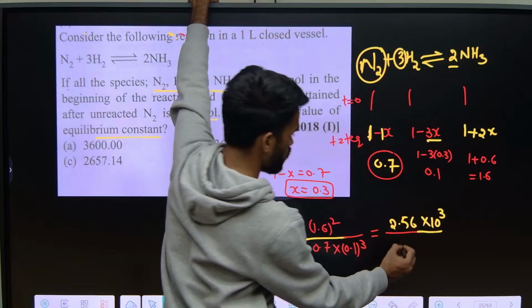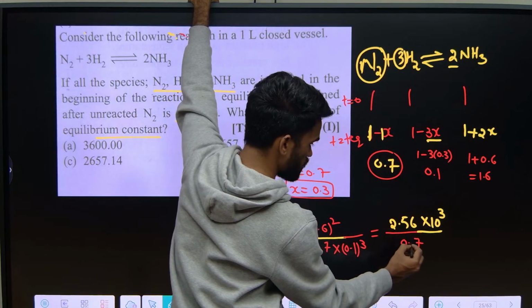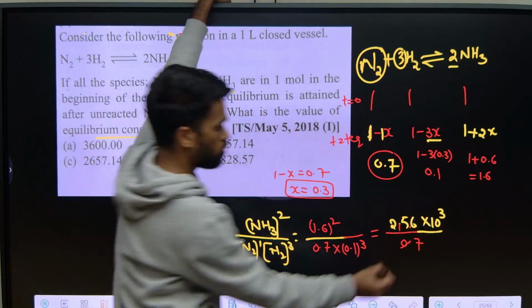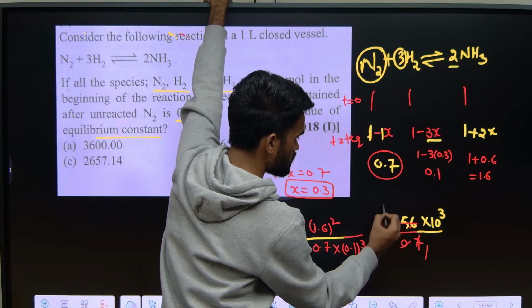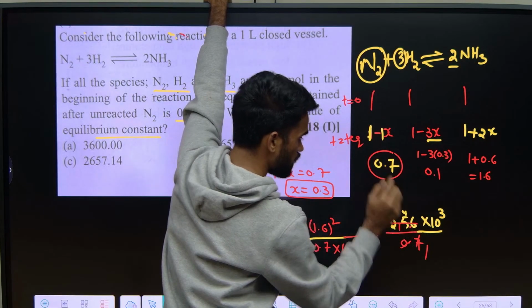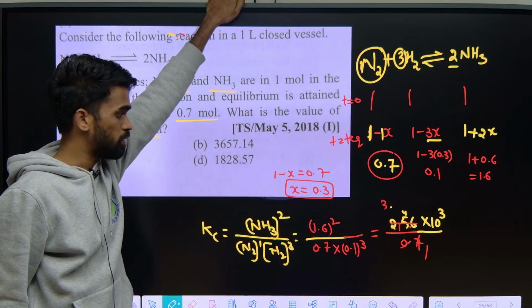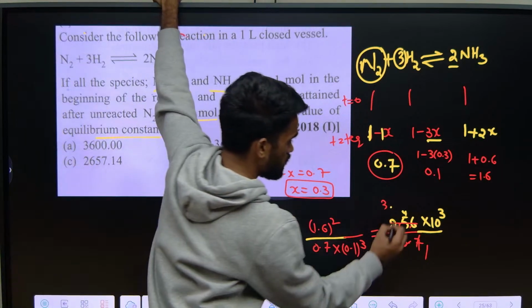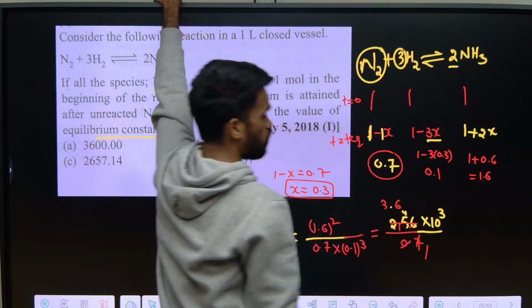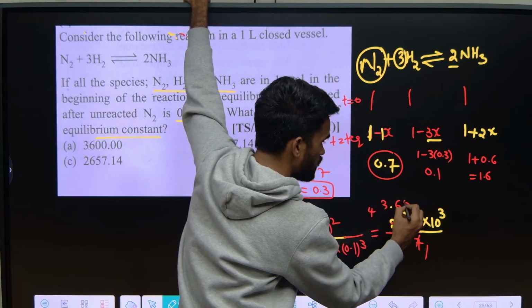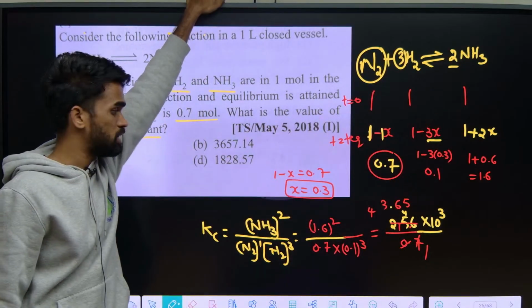This is 0.7, so I can remove the decimal and write 25.6 by 7. 7 ones are 7, and 7 threes are 21, and we have 4.6, so you can write 46 by placing a decimal after 3. Next, 6 sevens are 42, and again we still have 4, so 5 times 7 is 35.